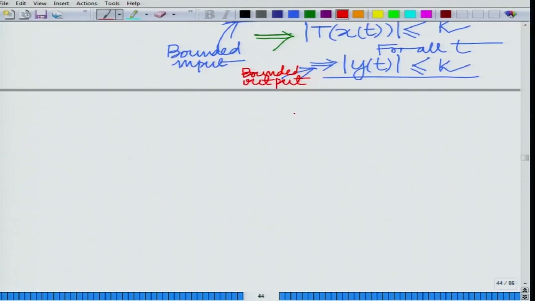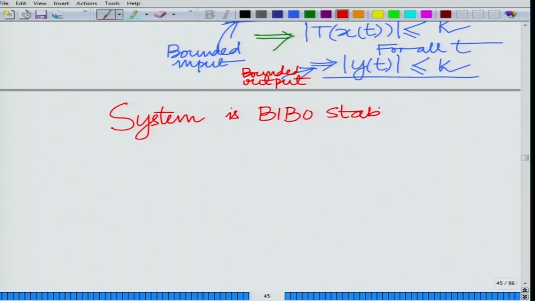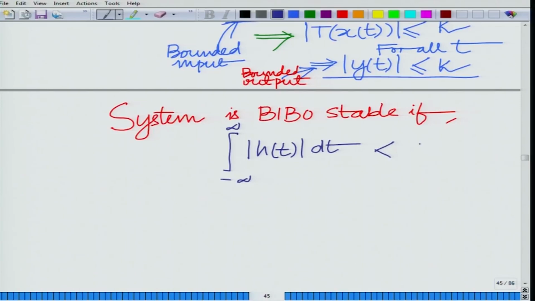We will show that the system is BIBO stable, that is bounded input, bounded output stable, if the impulse response is absolutely integrable, which is integral from minus infinity to infinity of magnitude h of t dt is less than infinity.